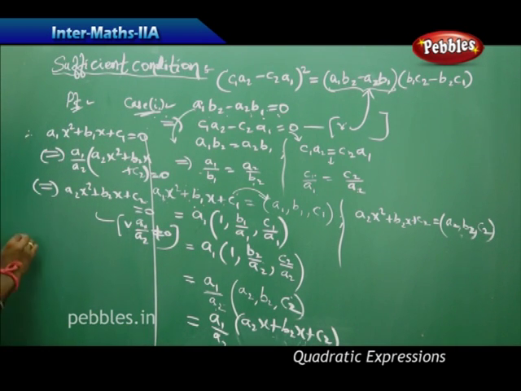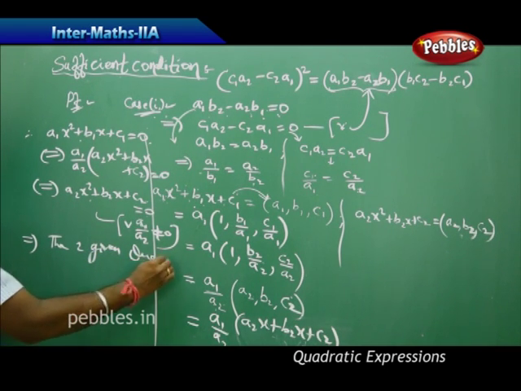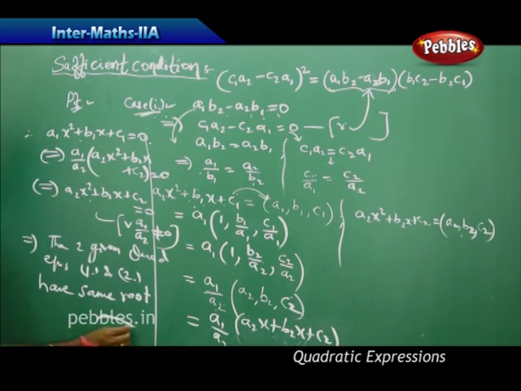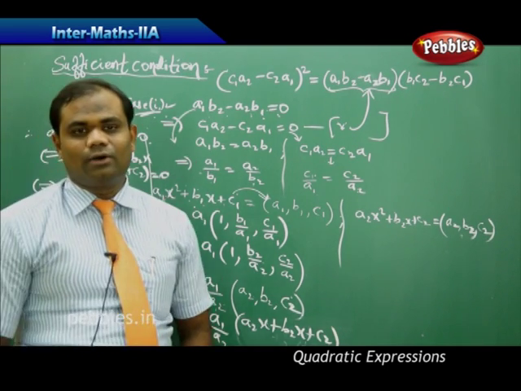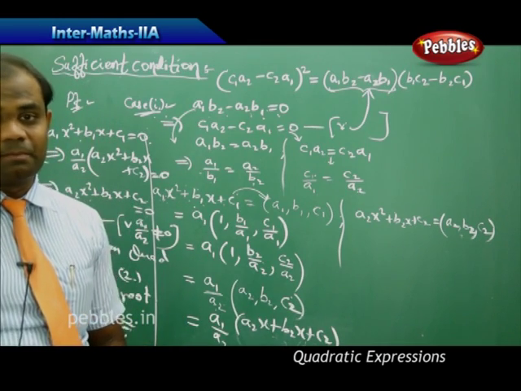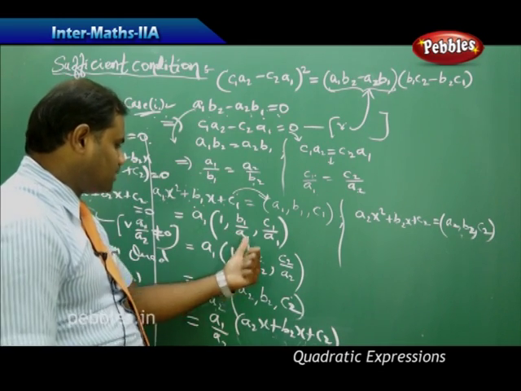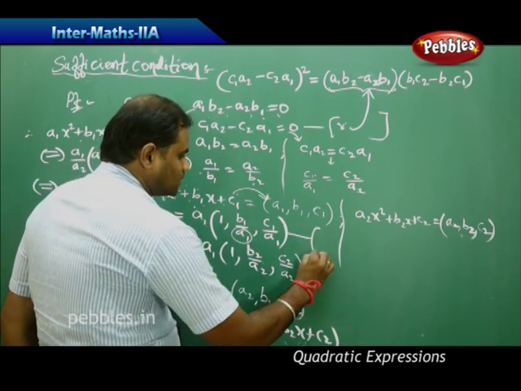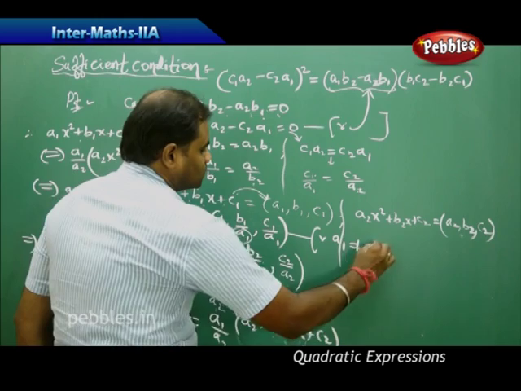Therefore, this makes me understand that the two given quadratic equations 1 and 2 have the same root, which is how I understand case 1 of the sufficient condition. But it's very important to identify here that I can take A1 common, with A1 coming in the denominator, because A1 is not equal to 0.